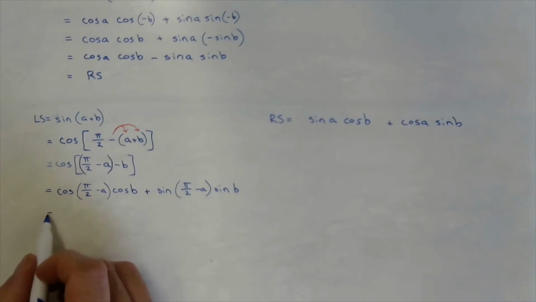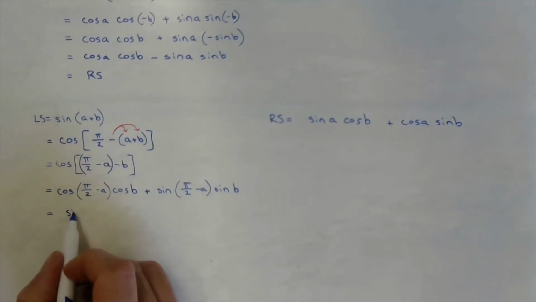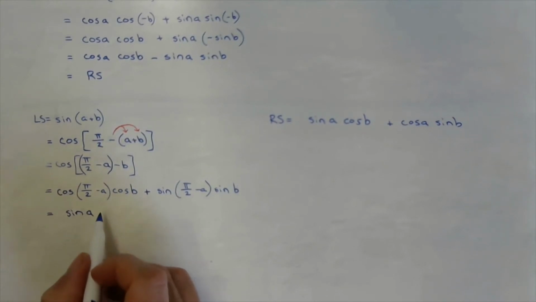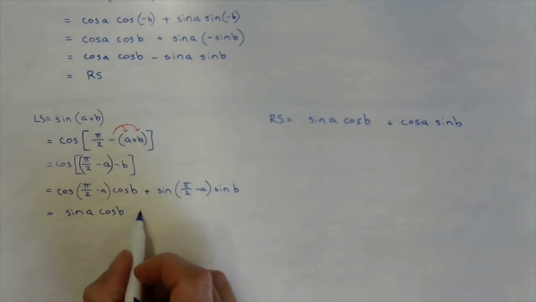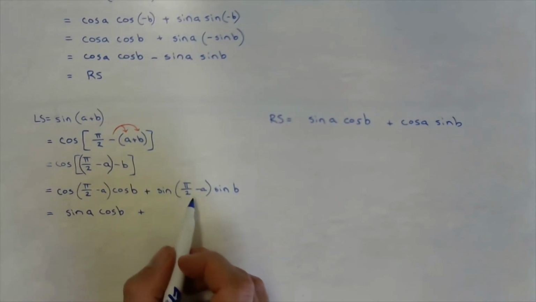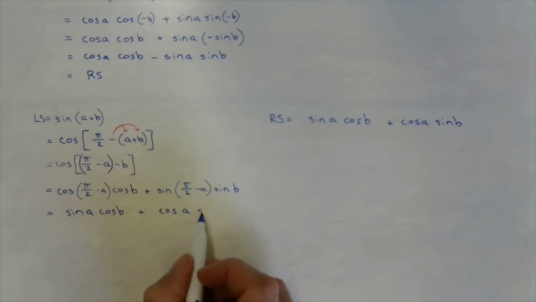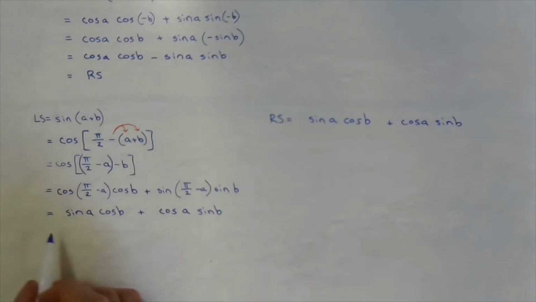And we see that the cosine of pi over 2 minus A can actually reduce to the sine of A. So now you have the sine of A cos B, the product of those. And next term, the sine of pi over 2 minus A actually reduces to the cosine of A. And we carry over our other factor of the sine of B, and we look across and we see that does equal the right side.